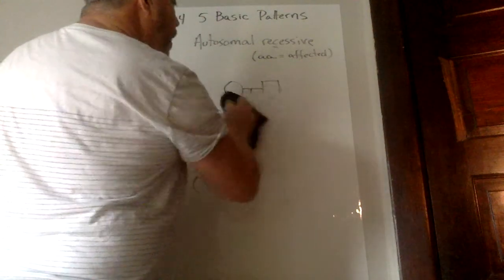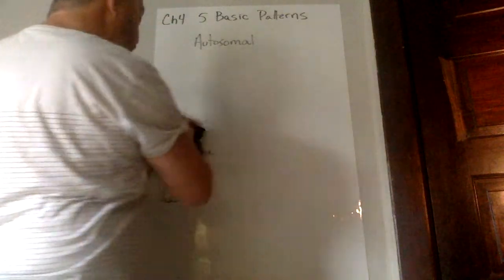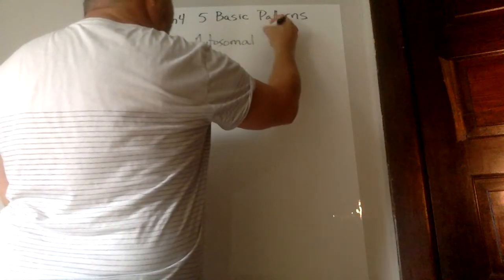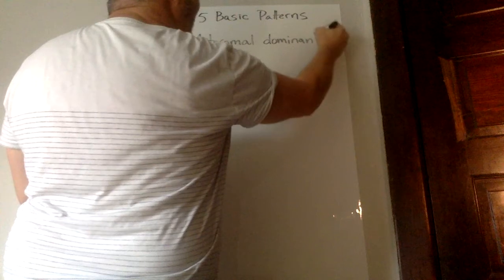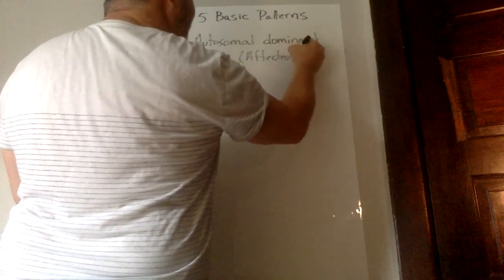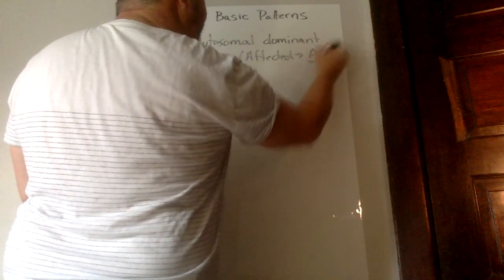That leaves us with one last pedigree, and that is autosomal dominant. Now, if you are affected, you have to have at least one dominant allele.